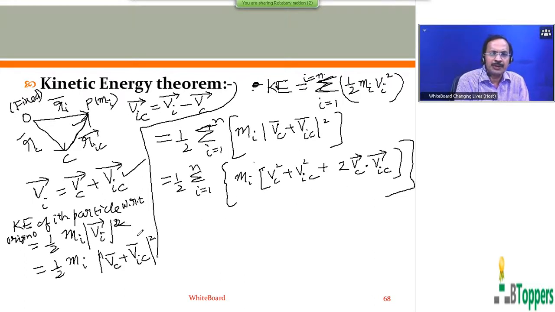Now we will write each term separately. Vc represents the magnitude of the velocity of the center of mass with respect to the origin of the coordinate system. So this you can write as sigma mi vc square. Sigma mi vc square means m1 vc square plus m2 vc square plus m3 vc square and so on up to mn vc square. But vc square is a common factor in all the terms, therefore we can put it outside the sigma symbol.